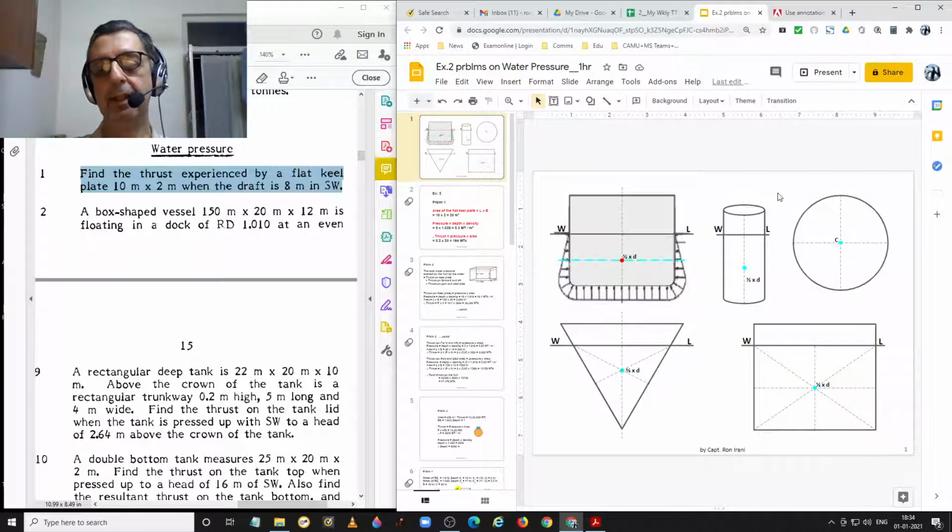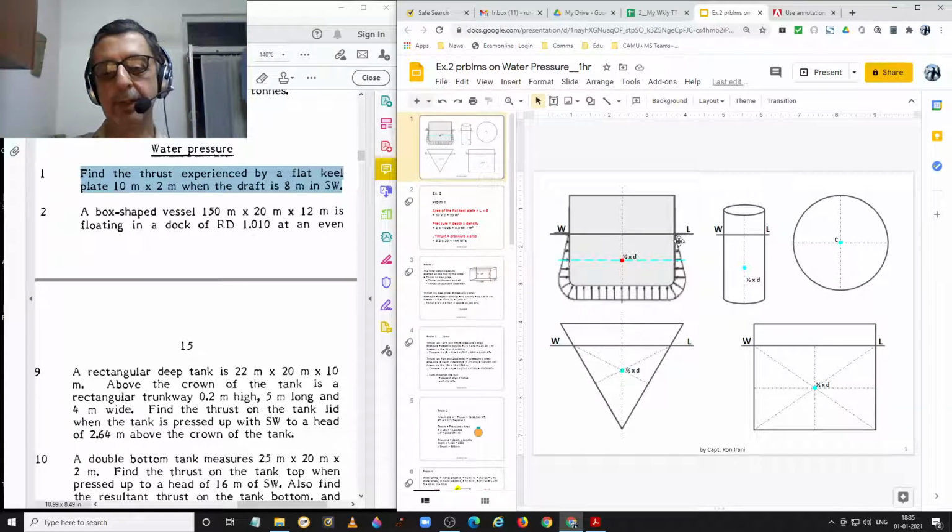Before we start, let me explain that the pressure and thrust acting on any body is maximum at the keel, and as the draft reduces, the pressure and thrust also reduce.